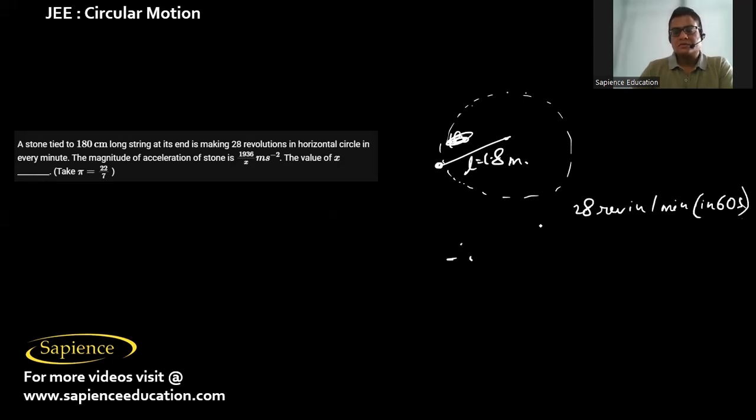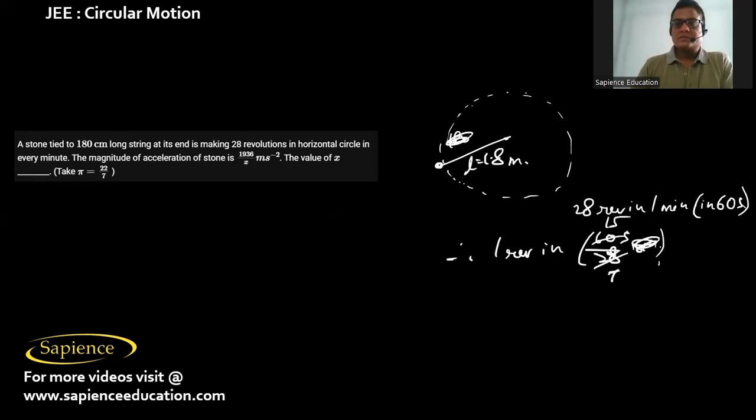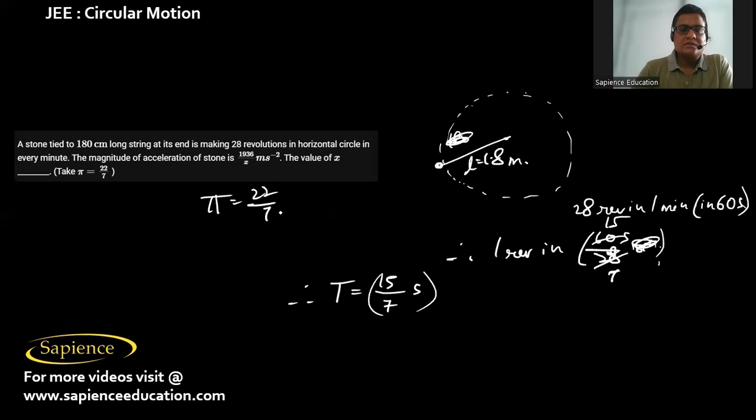So one revolution will be made in 60 by 28 seconds, which is 15 by 7 seconds. So the time period is 15 by 7 seconds. And it is told that we have to take pi as 22 by 7.